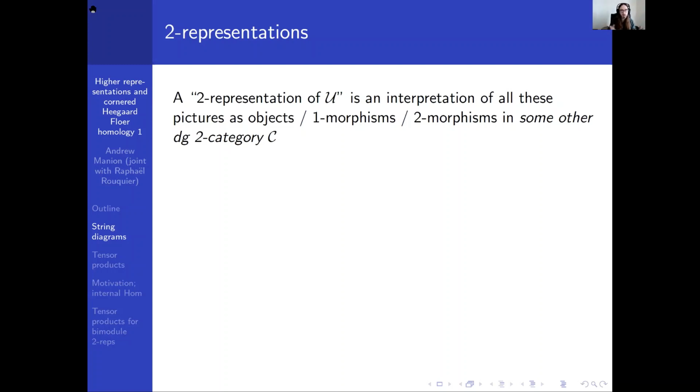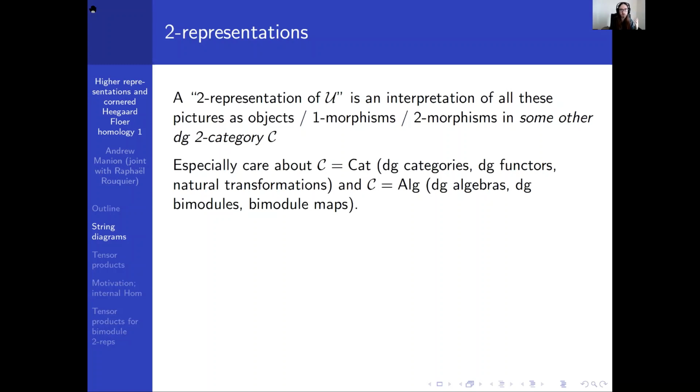So you're representing all of your basic pictorial data as some things, maybe categories, functors, natural transformations, or maybe algebras, bimodule maps. So that's what we mean by a two representation, and that's the case we'll especially care about.